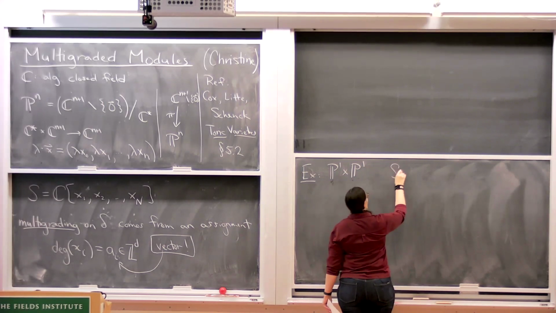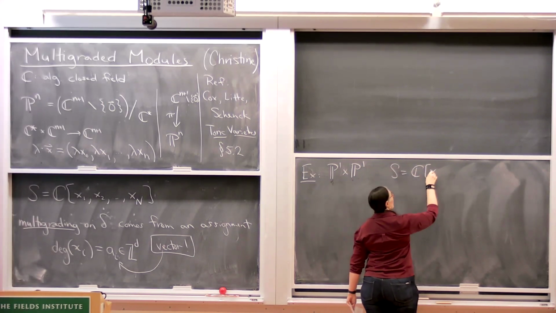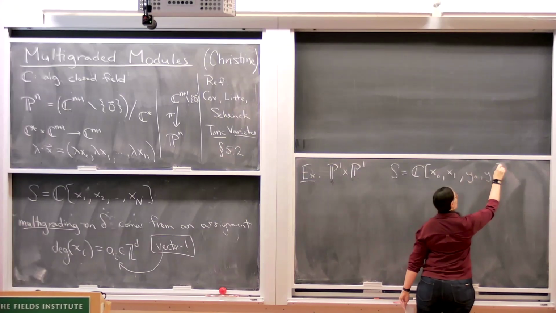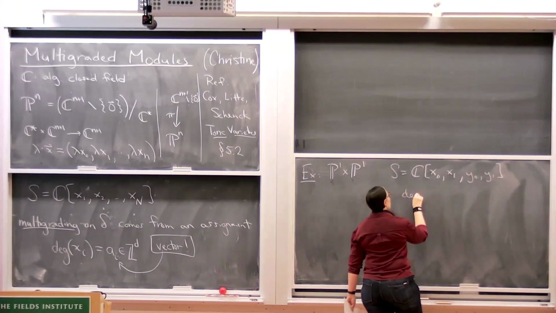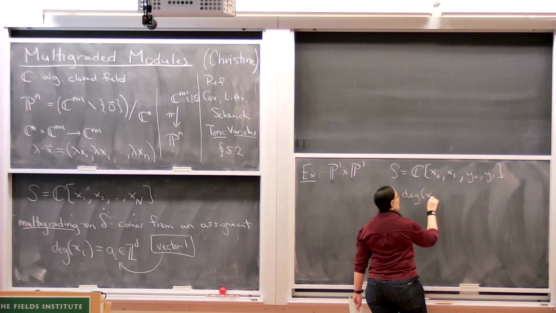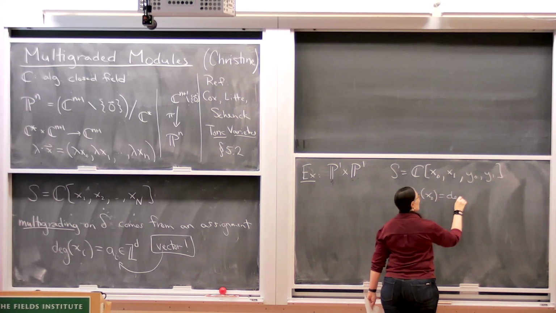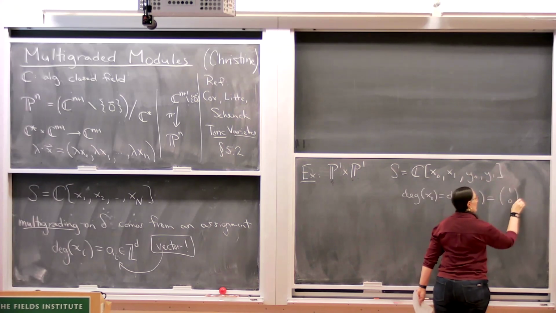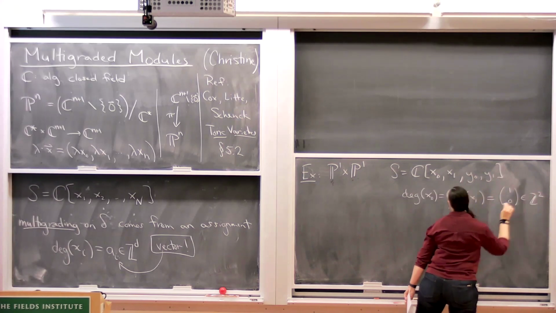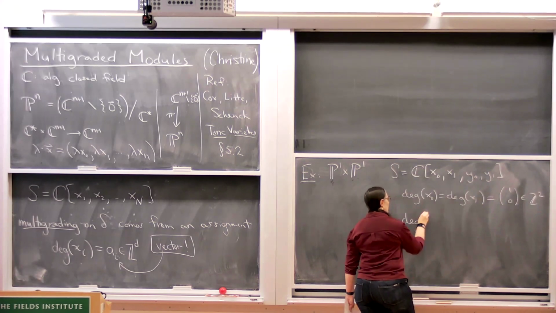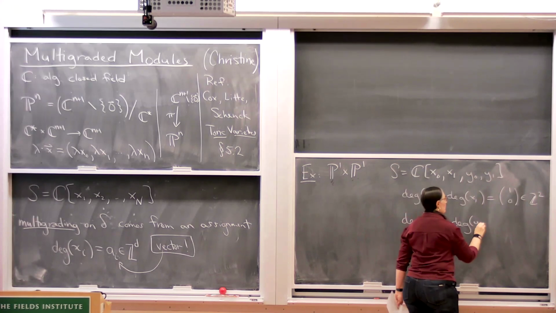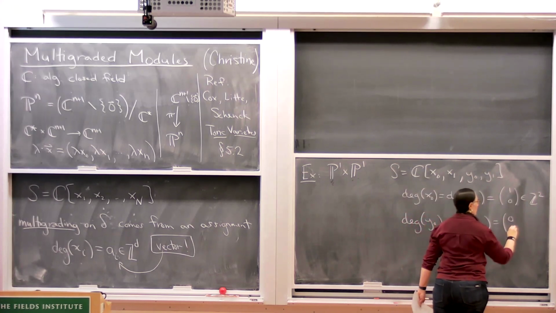The way I'm going to do that is by using x's and y's. I'm going to let the degree of my x's be 1 in one coordinate of Z^2, and then my y's similarly in the other coordinate. So I'm keeping track of them independently.